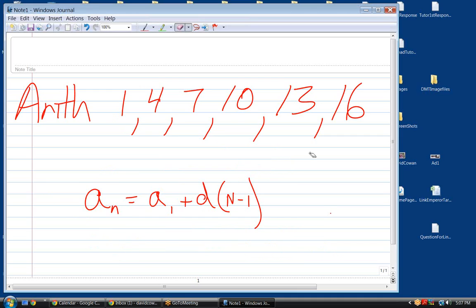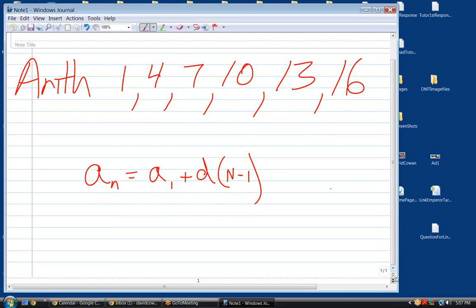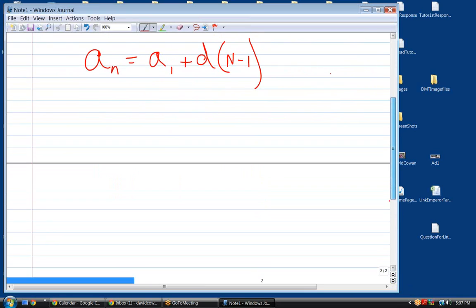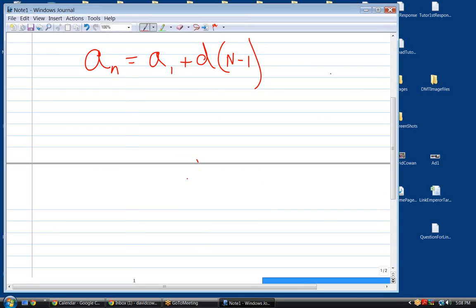Now let's do the problems you have to do. What is it asking? Let's see. Hold on. The very first question I forgot to answer is what does the graph of an arithmetic sequence look like? It's linear, like a straight line. Exactly.